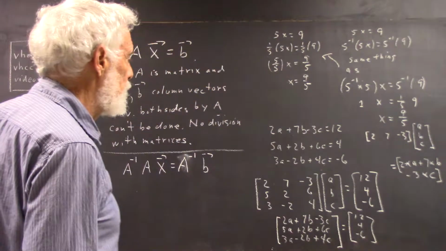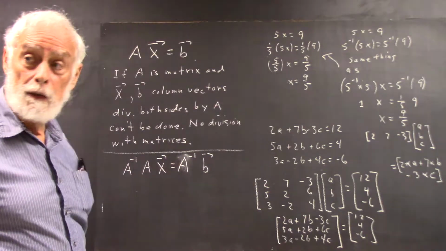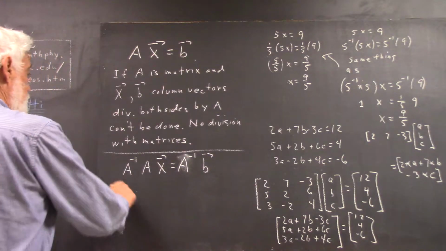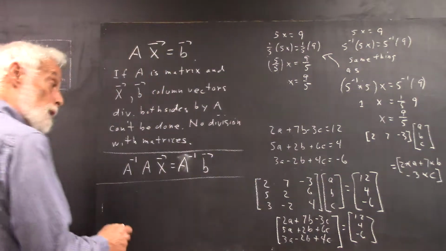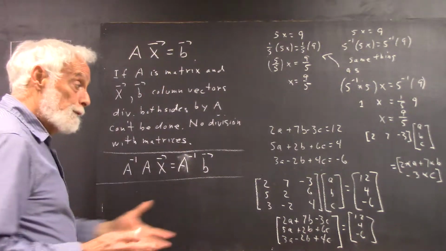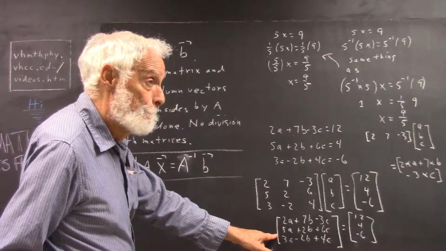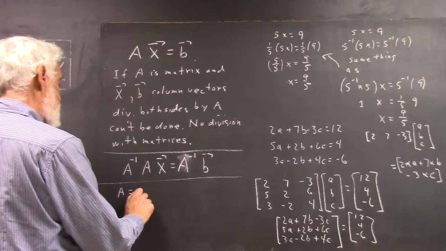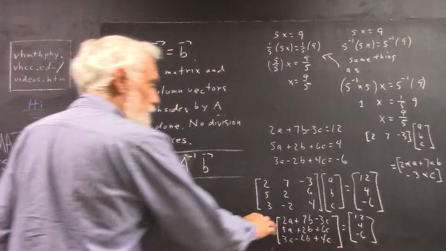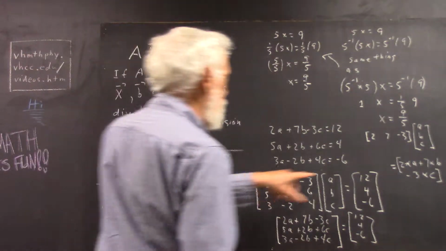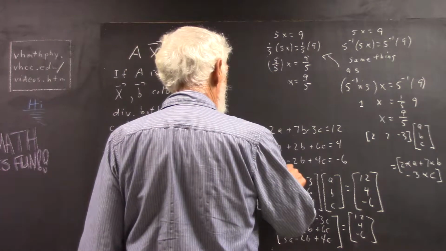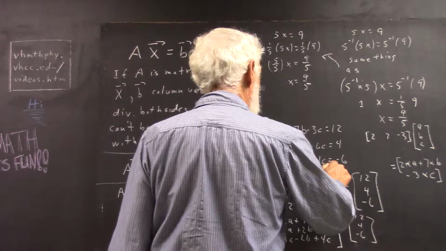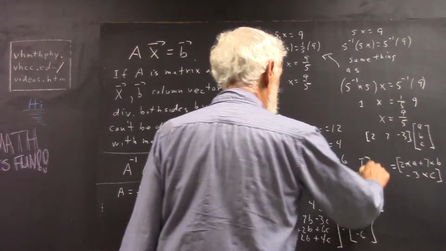Now, what if I want to solve this? What would I put into Wolfram Alpha? The matrix is at the top. I'm going to call that matrix A. So this equation here is my A, here's my X, and here's my B vector, right?